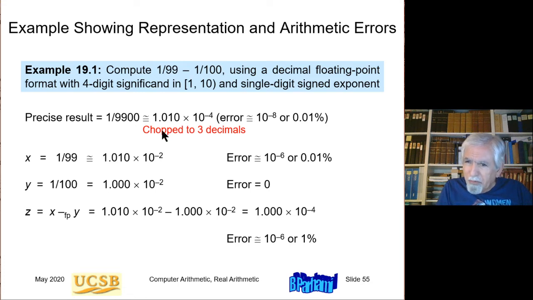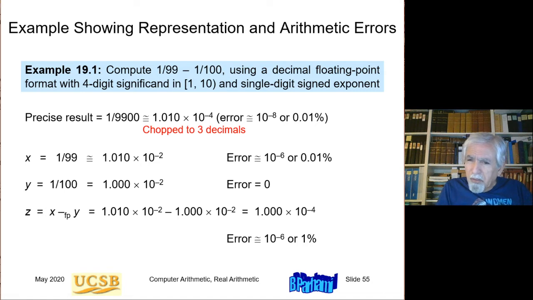We could have rounded, but I'm assuming chopping. So we chop to 3 decimals, and in doing so, the difference between this number and this exact number is roughly 10 to the minus 8. That's the absolute error. In relative terms, the error is 0.01%.